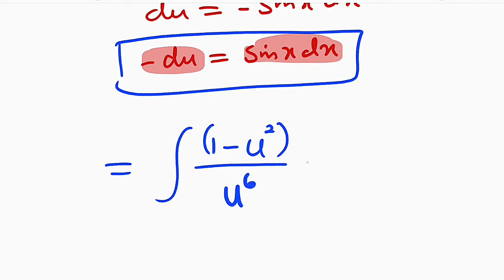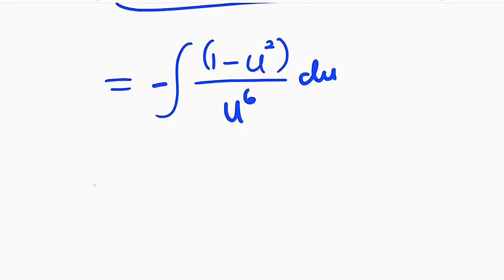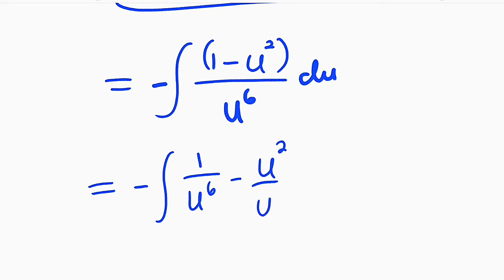Then the other one is negative du. So we can bring the negative sign outside and the u remain inside. All right. Now let us split the fraction. This is equal to negative the integral of 1 divided by u to the 6th power minus u squared divided by u to the 6th power du.